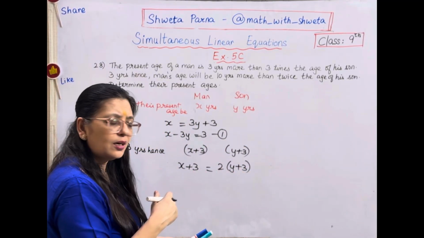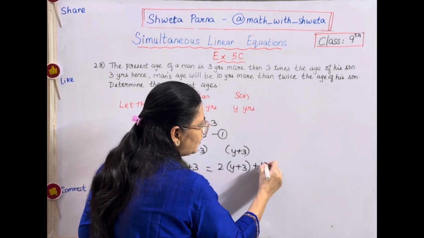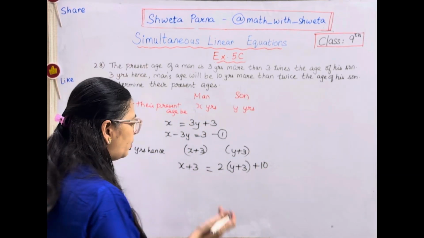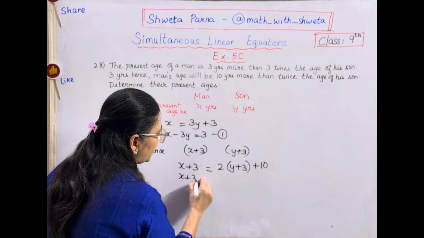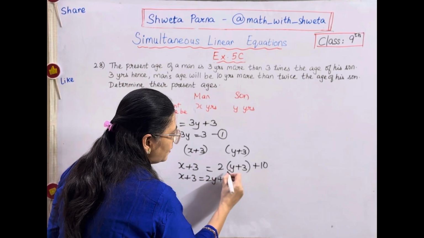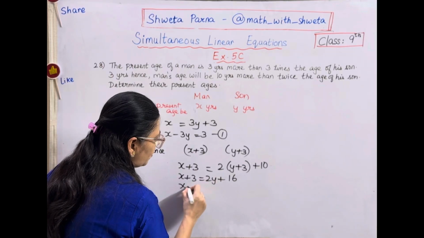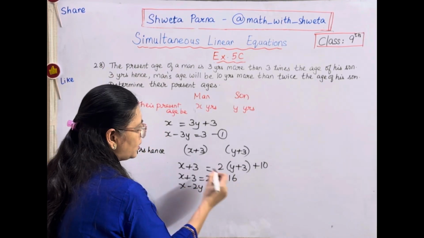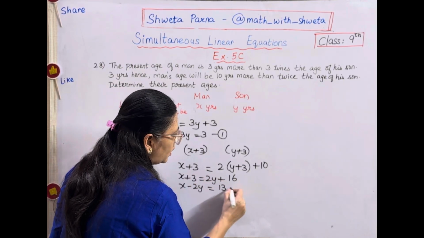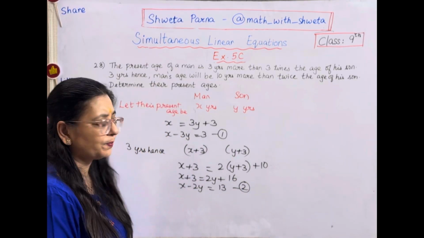So man is 10 years more. So I will add 10 to the son's age so that they both are equal, right? So x plus 3 is equal to 2y plus 6 plus 10, which is 16. So x minus 2y is equal to 16 minus 3, which is 13. This becomes your second equation.